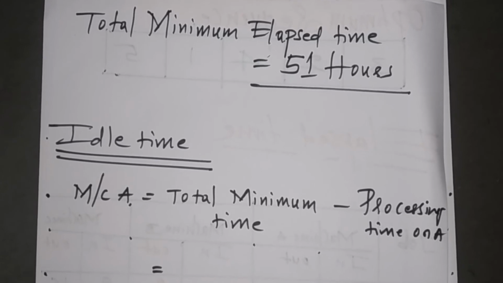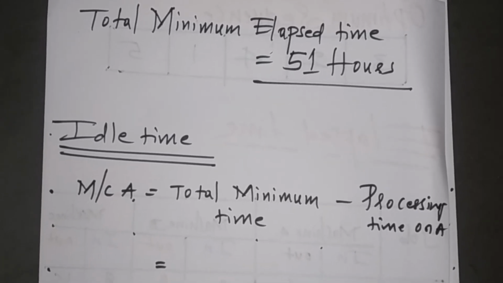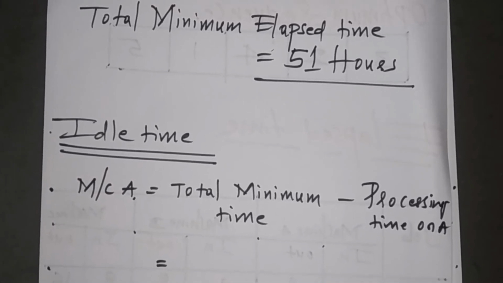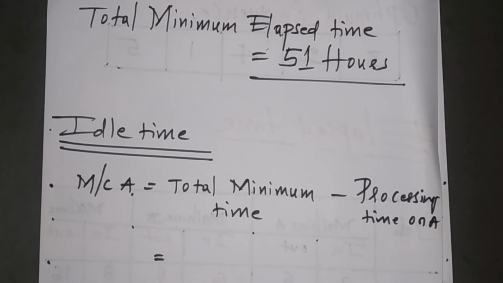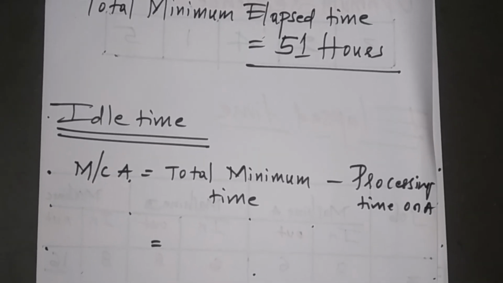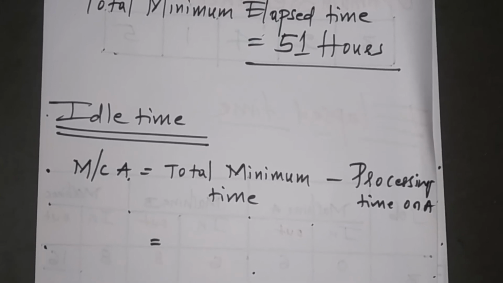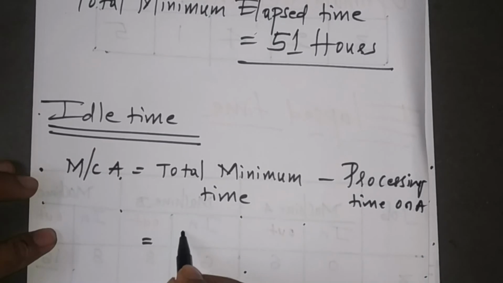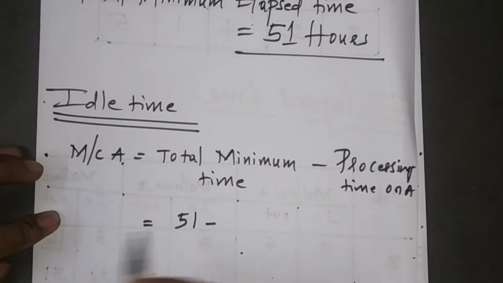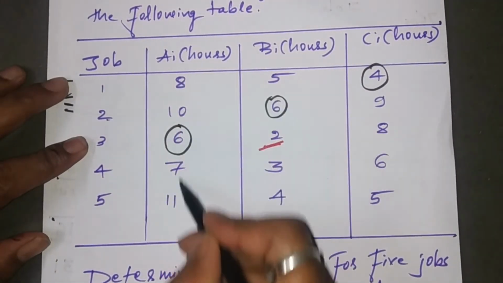And the last one is we have to find out the idle time here. So idle time is nothing but the time your machines will be idle. It is not going to process anything. So for this we have a formula: for machine A, the total minimum elapsed time minus the processing time on machine A. The total minimum time I have already calculated as 51 hours, and that is subtracted by the processing time on machine A. So for the processing time for machine A, we need to add this.